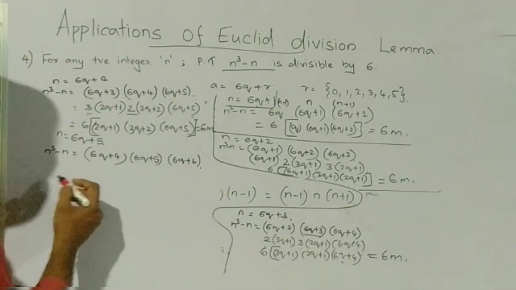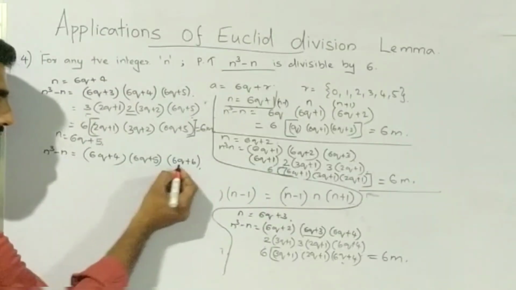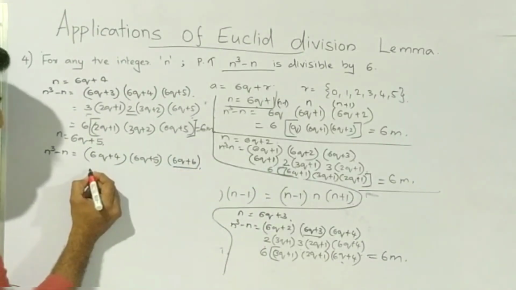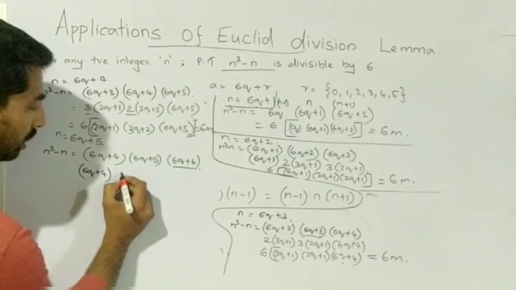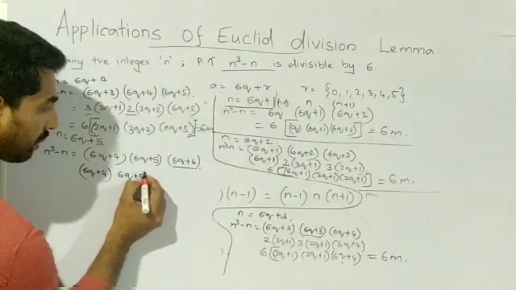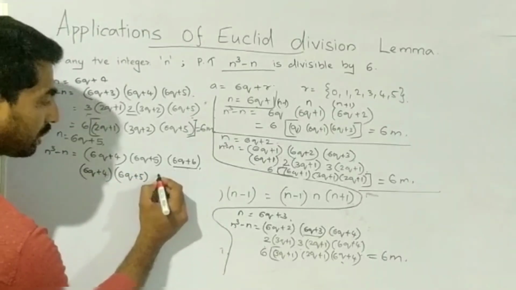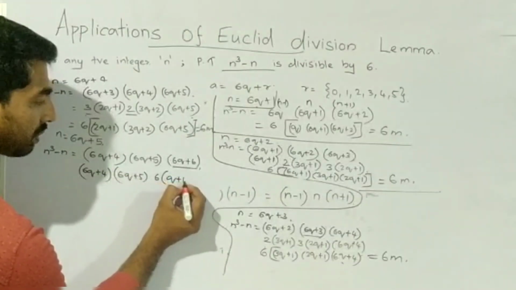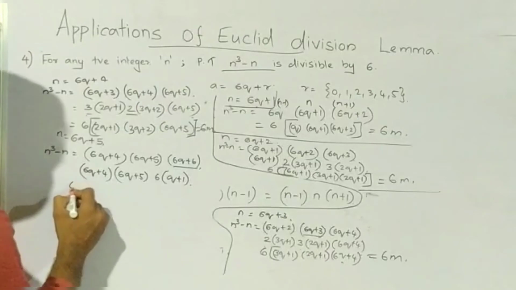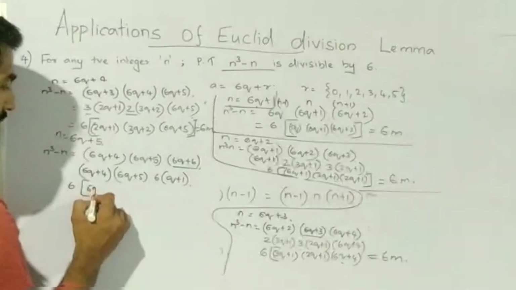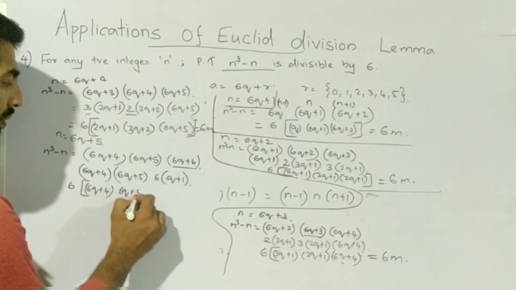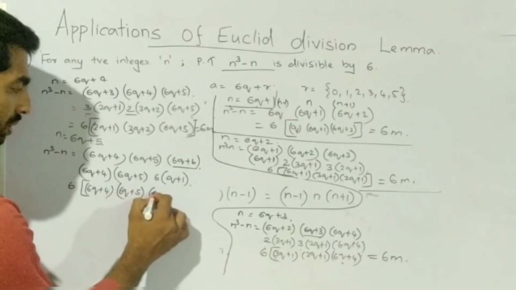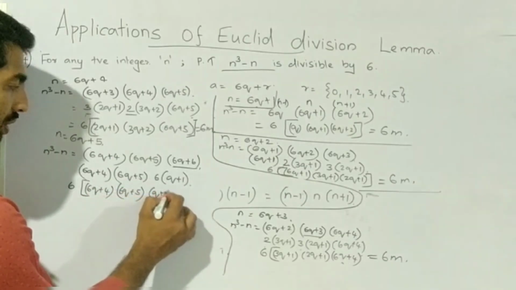So again, we have a common factor here. 6 is there. So (6q plus 4) into (6q plus 5) into 6 as a common factor, (q plus 1). So again, 6 into (6q plus 4) into (6q plus 5) into (q plus 1).